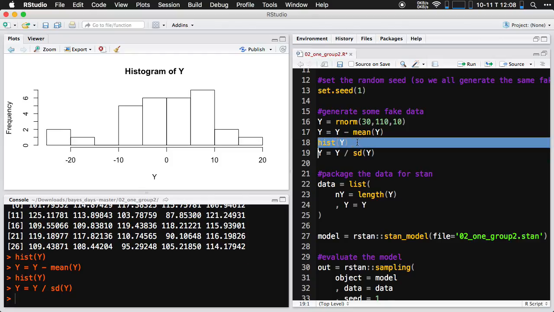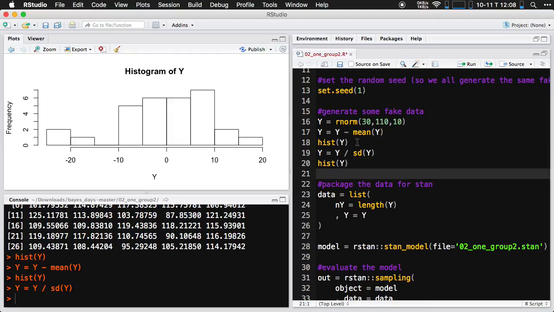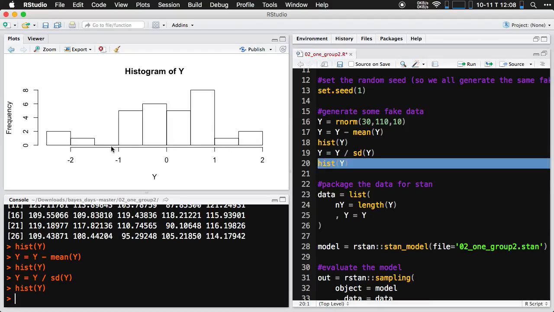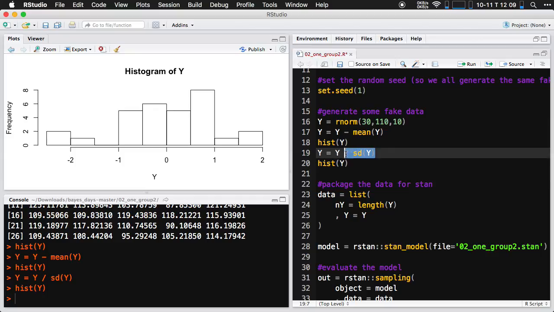What does that look like afterwards? It makes it so that most of the data falls between negative 1 and 1, and some of the data falls outside of there. This process of first subtracting the mean and then dividing by the standard deviation is called standardizing, or Z-score.